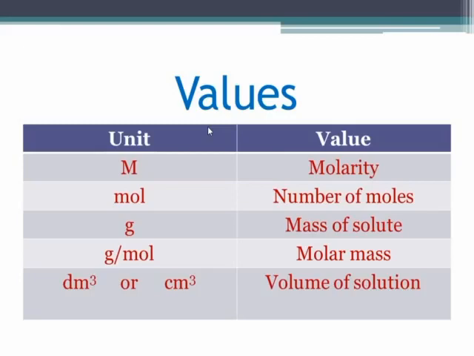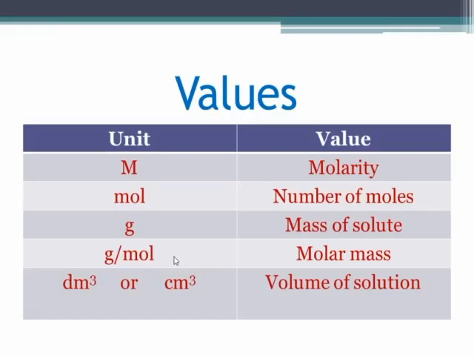If the unit of any value is written in capital M, it represents the molarity. Mole represents the number of moles. If the value is in grams, it means that it is the mass of solute or mass in grams.